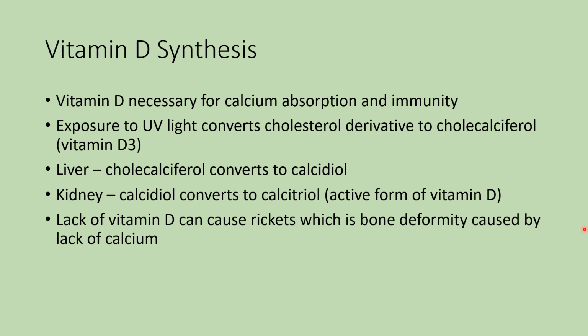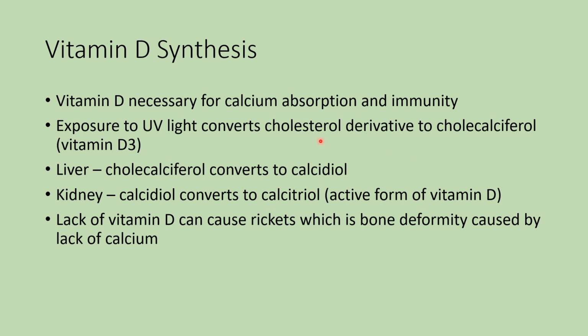That then moves from the skin to the liver, and it's going to be now converted to calcidiol. That's now going to move to the kidney, where the calcidiol is converted to calcitriol, which is the active form of vitamin D.